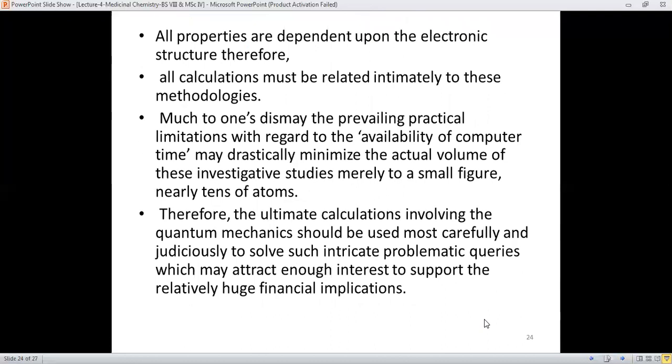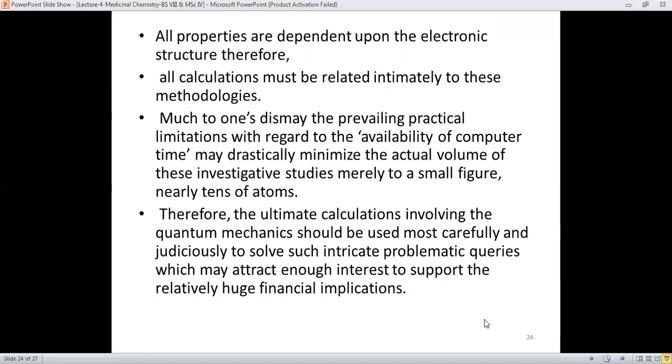And you know that all properties are dependent upon the electronic structure, and therefore all calculations must initially be related to these methodologies. And much to one's dismay, the prevailing practical limitation with regard to the availability of computer time may drastically minimize the actual volume of these investigative studies to a small figure, nearly tens of atoms.